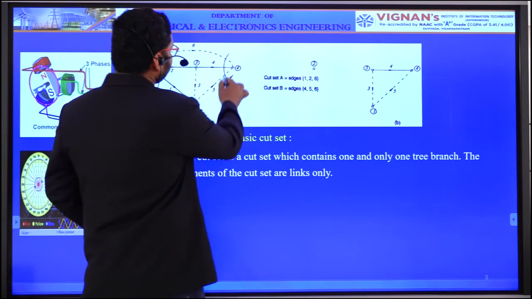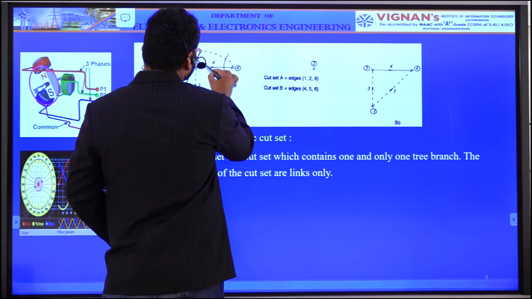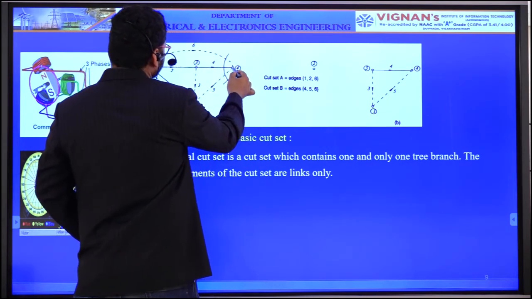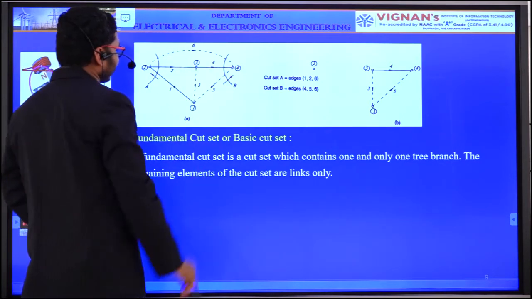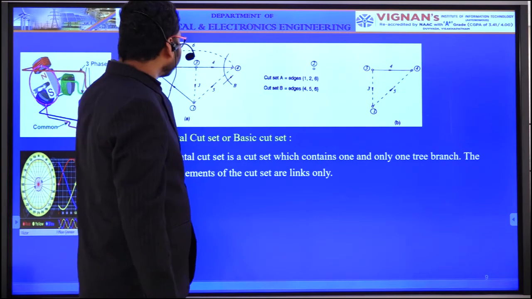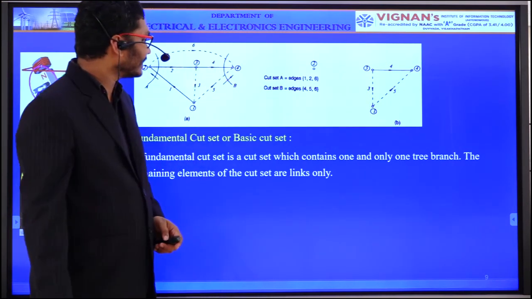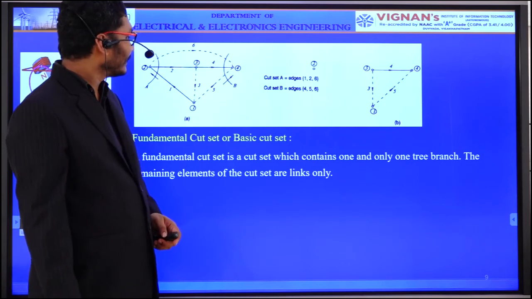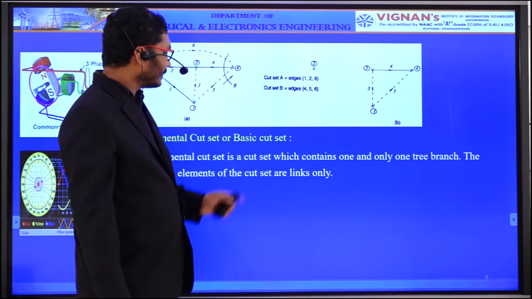So it means if you are removing here, only one tree branch is there. Okay, suppose in this case 2 and 1, 2 tree branches, it is not a basic cut set. It is the basic cut set. Okay, cut set A is not a basic cut set. Cut set B is the basic cut set because it is having only one tree branch.